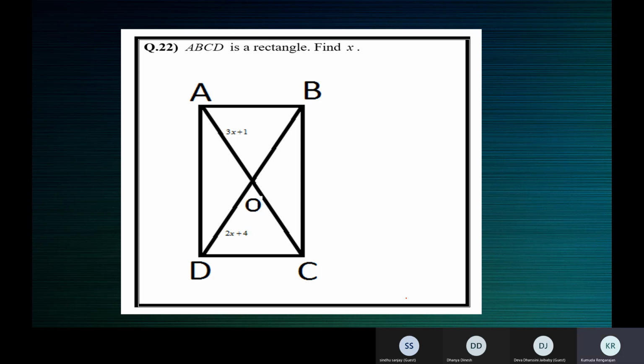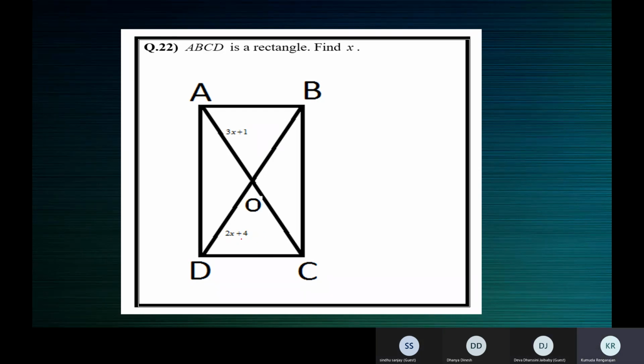How will you find the value of x? ABCD is a rectangle. What is 3x plus 1? Which one is 3x plus 1? OA, ma'am. Yes, OA is 3x plus 1. And what is 2x plus 4? OD, ma'am.